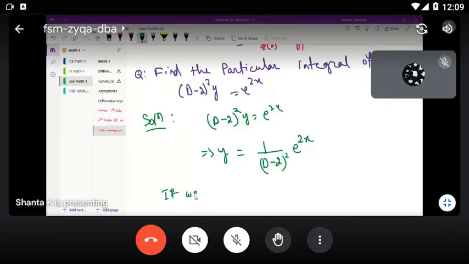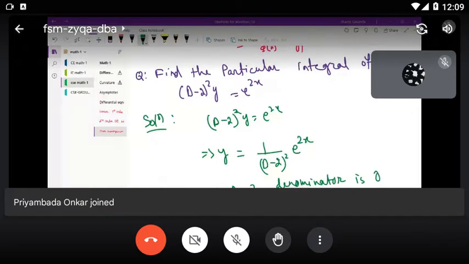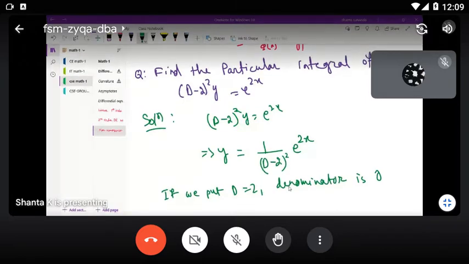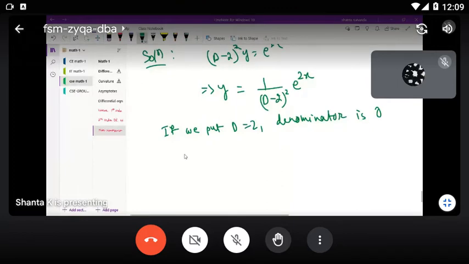If we put D equals to 2, the denominator will be 0. So it's kind of an undefined form we are getting. So we cannot do this. We will use the other part. So we cannot use this formula.